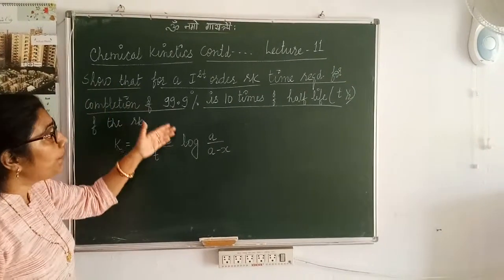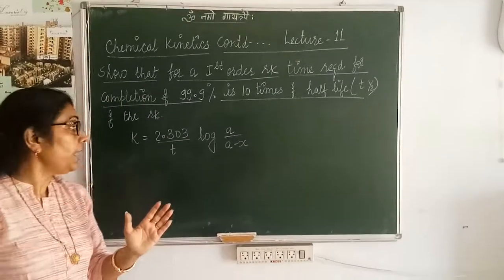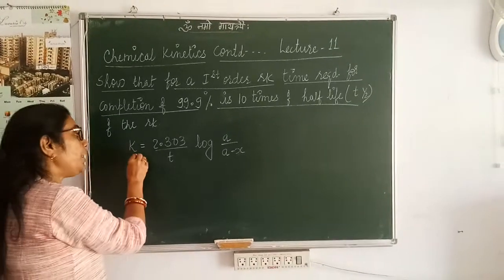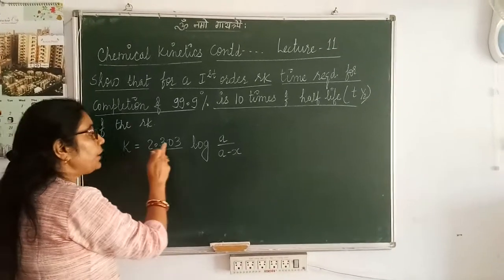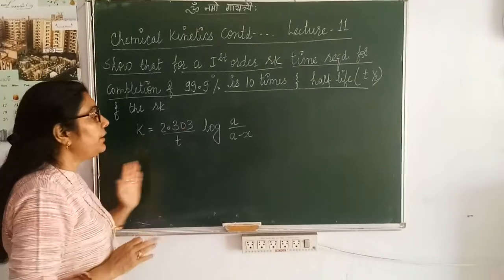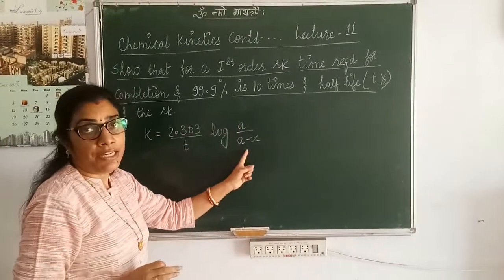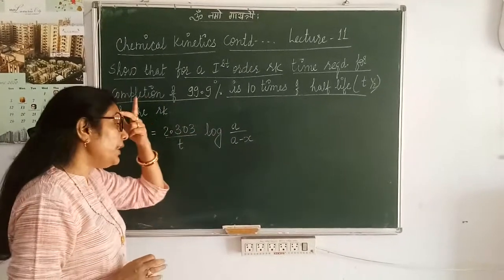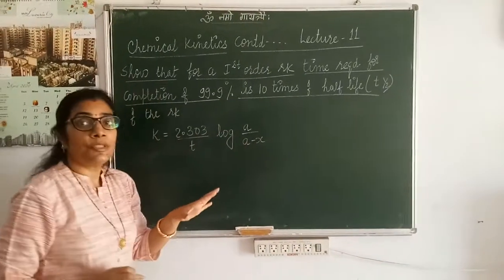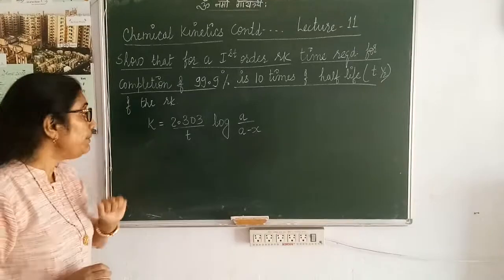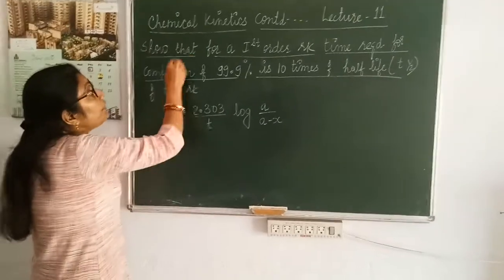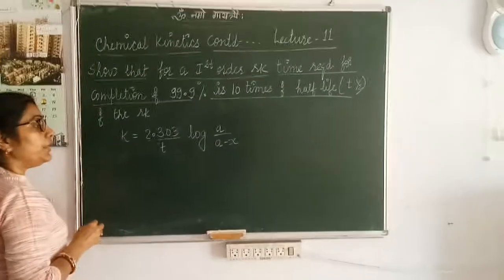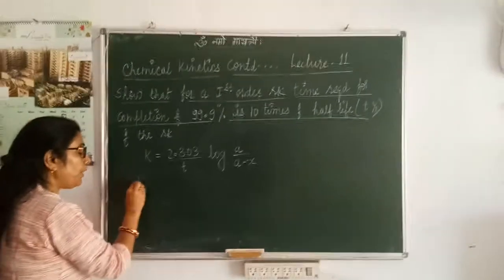Since it has to be proved on the basis of first order kinetics, so according to first order, k is equal to 2.303 by t log a by a minus x. As you all know, small a represents initial concentration and a minus x represents concentration at time t. So for 99.9%, in this case what is going to happen?